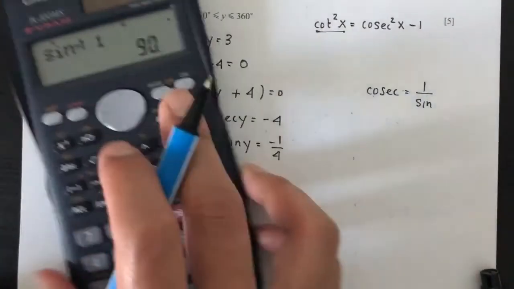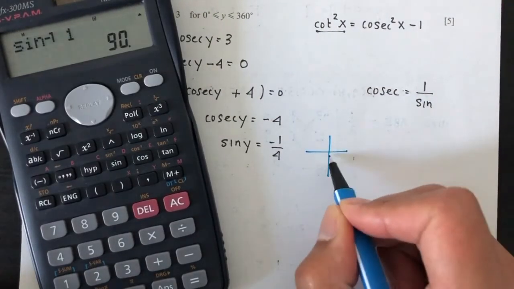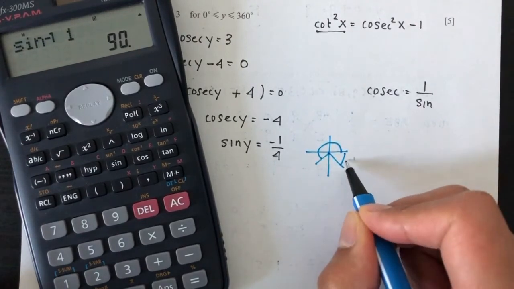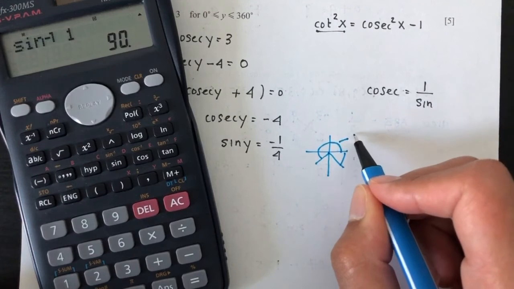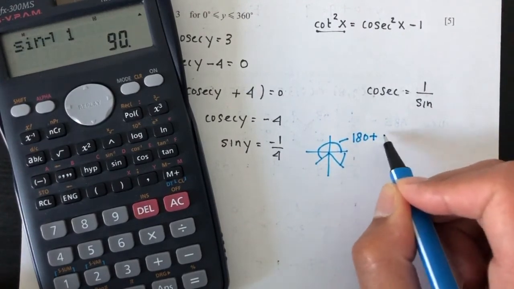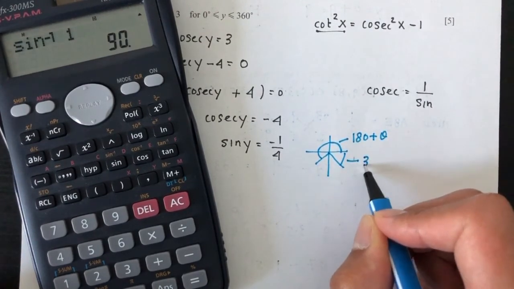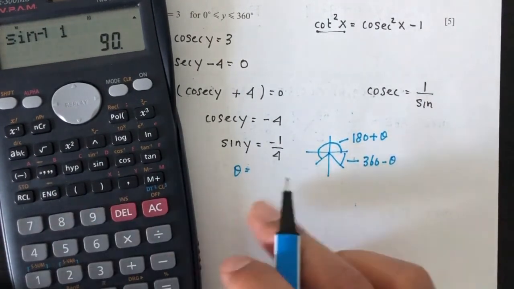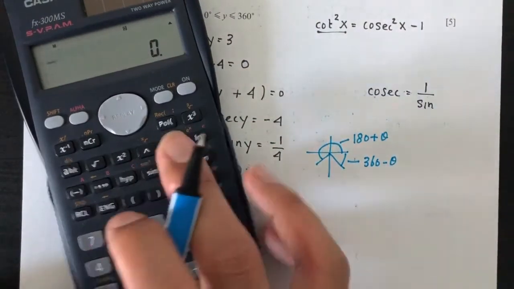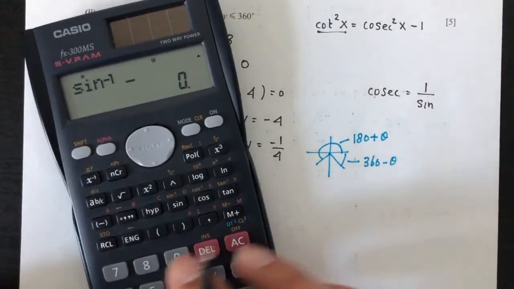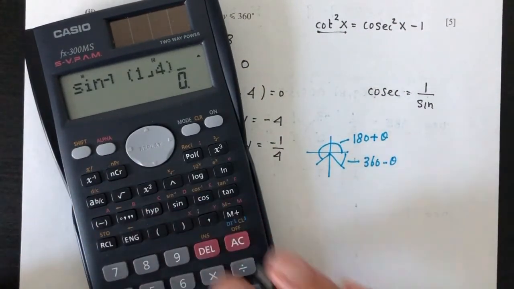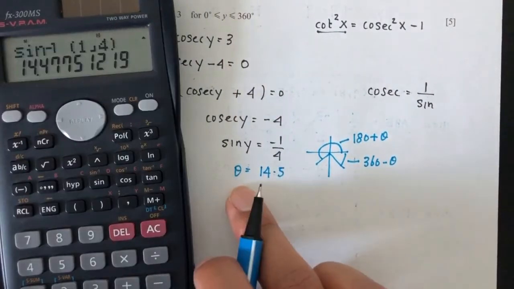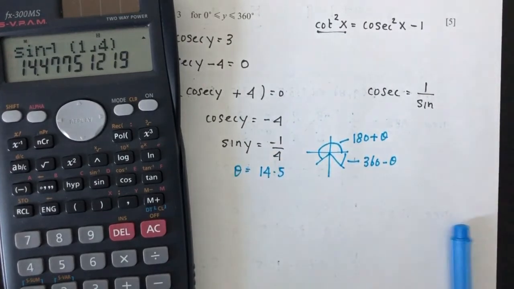Now for this one, if it is negative, it has to be in your third quadrant, which is this, and in your fourth quadrant, which is this one. So this is 180 plus theta, and this is 360 minus theta. So let's first find the value of theta. Theta is when this is positive, so that will be sine inverse of positive 1 over 4. That will be 14.5. Now we don't want the value of theta, we want y.